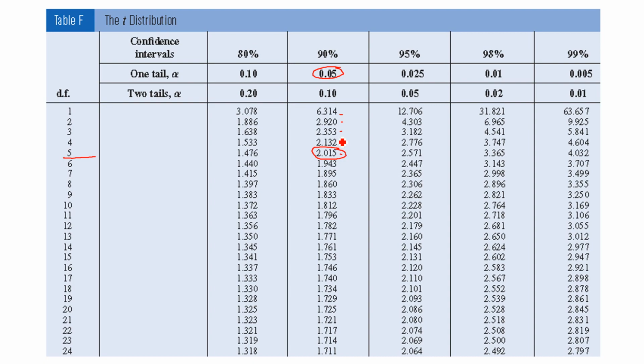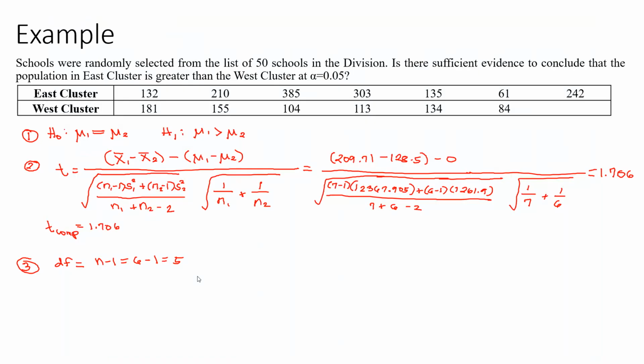So our tabular t value is equal to 2.015.